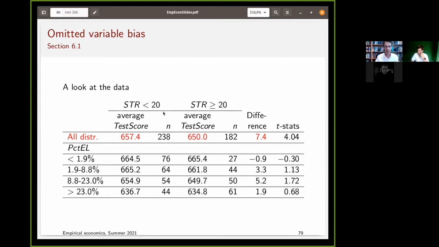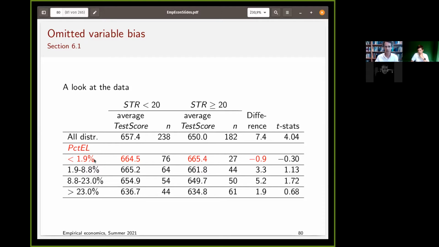But now let's look at the confounding factor, the percentage of English learners, the omitted variable. And let's subdivide each of these two groups, the group of small classes and the group of large classes, according to the percentage of English learners. So let's start with those districts which have a very small percentage of English learners.